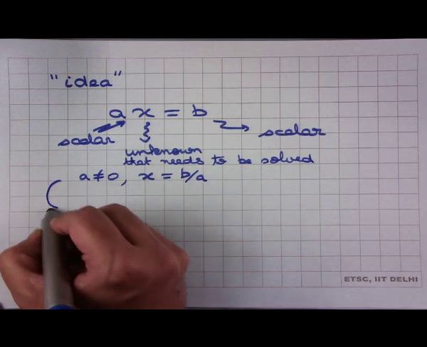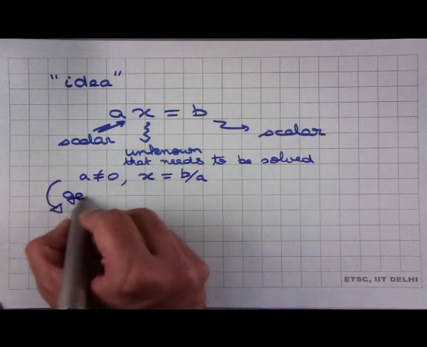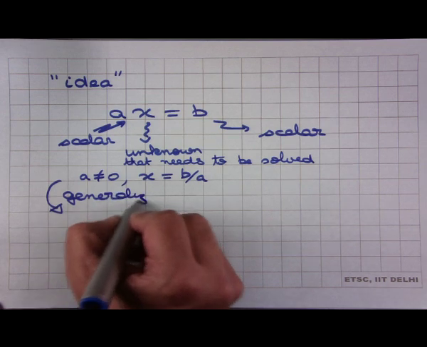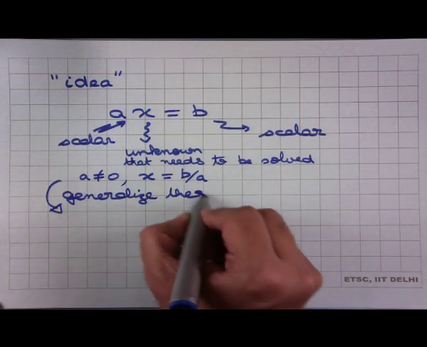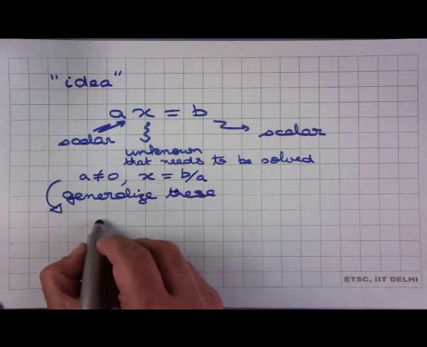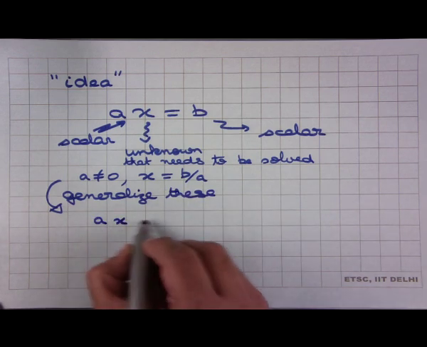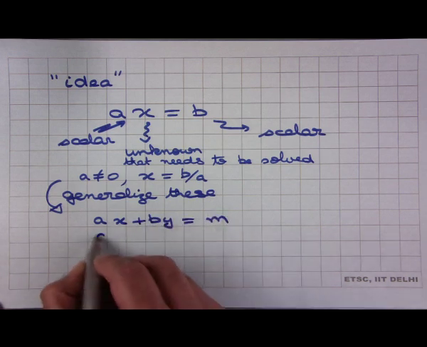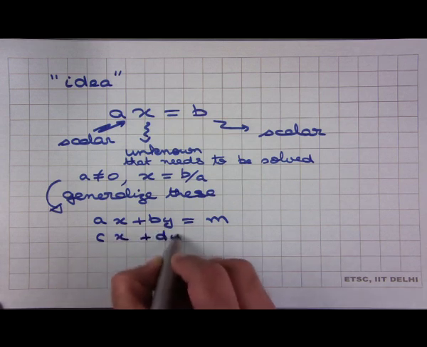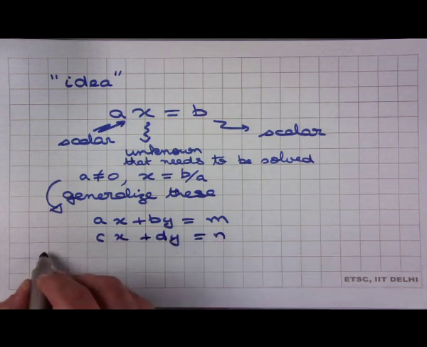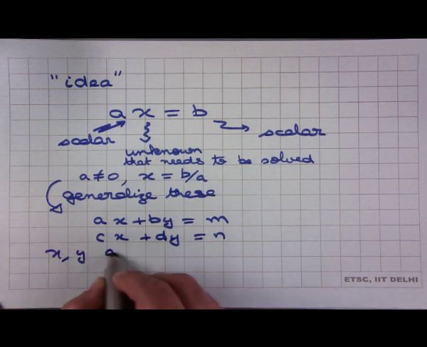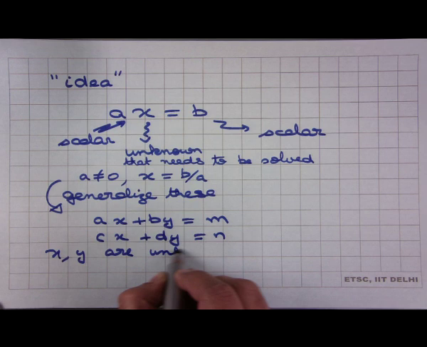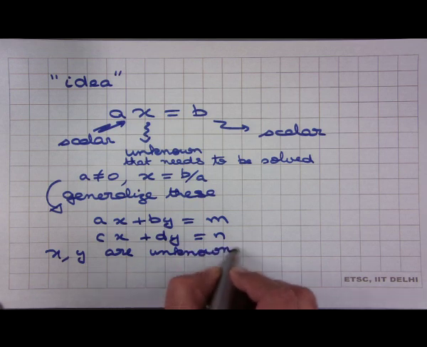Now, when we generalize these to have, let us say, equations in two unknowns, ax plus by equal to m and cx plus dy equal to n, where now x and y are unknowns. So, there are two unknowns and two equations.